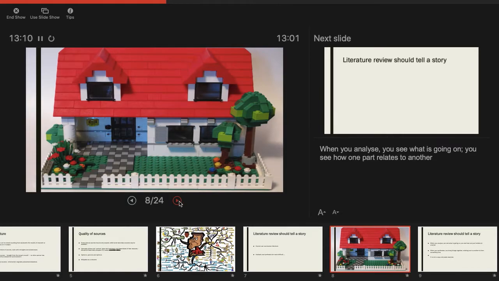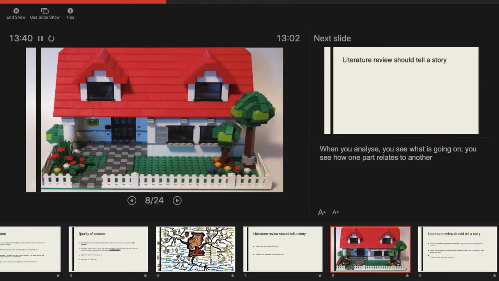When you're looking at the table, the chair, or this Lego house over here, when you're analyzing, you're breaking it down and trying to analyze every last part that led to the construction of this house or table or chair and so forth. And when you are analyzing, as I mentioned, you need to have the ability to conceptualize what you are reading and how it relates to other particular topics at hand.